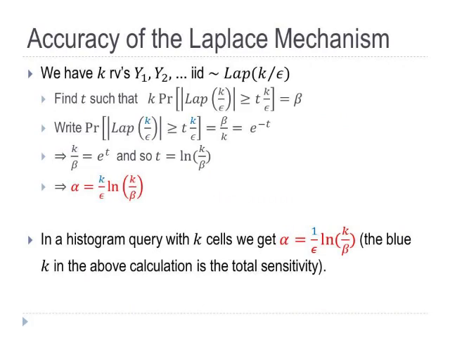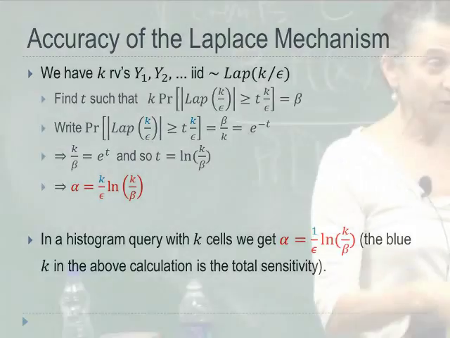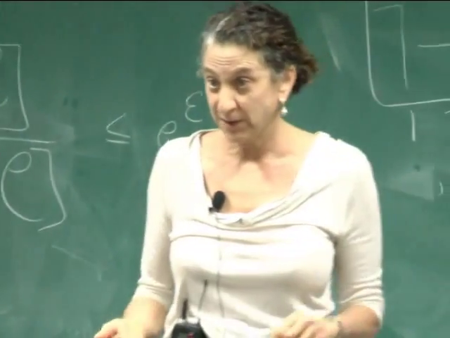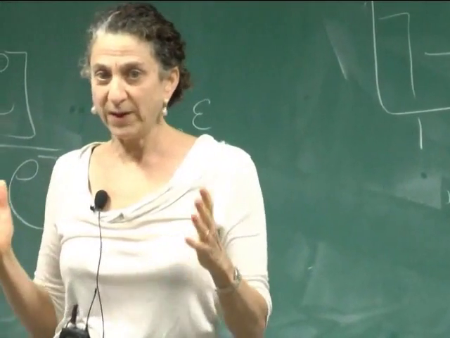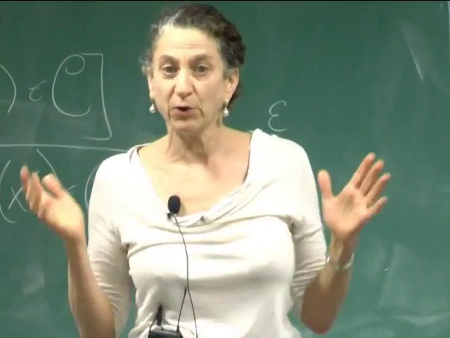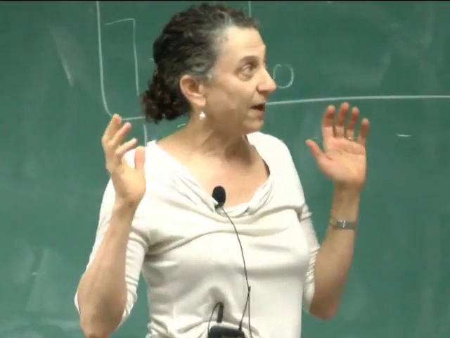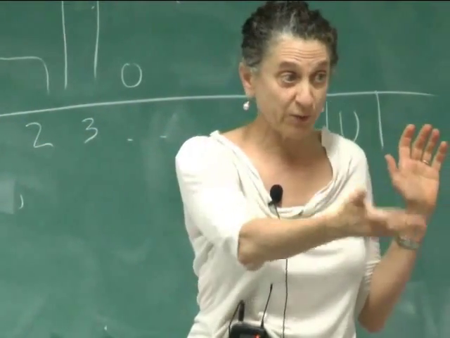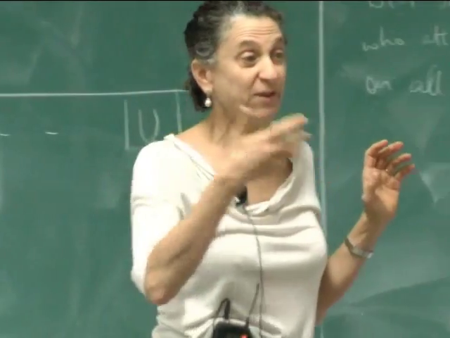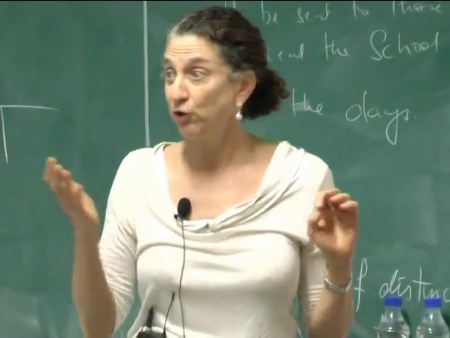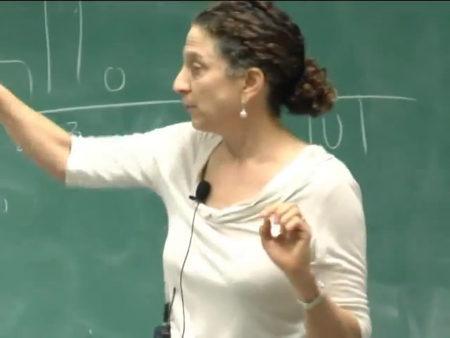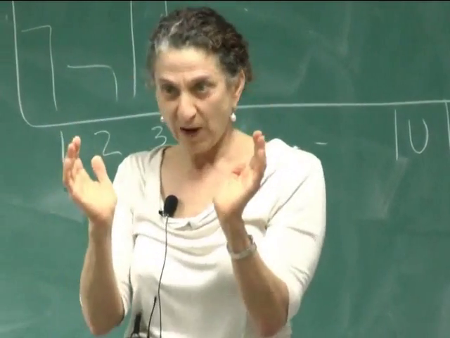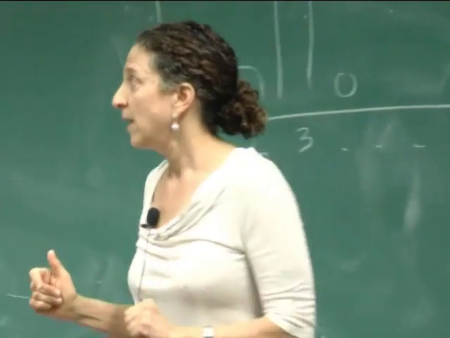So again, we're going to have k random variables, because I'm using the Laplace mechanism with a privacy parameter of epsilon over k. So I'm doing this k times, one for each of my queries. So I'm going to have k random variables, each one distributed like Laplace with a parameter of k over epsilon.